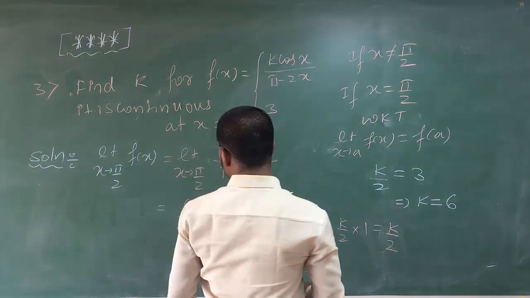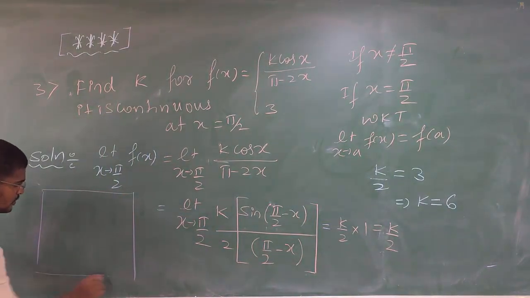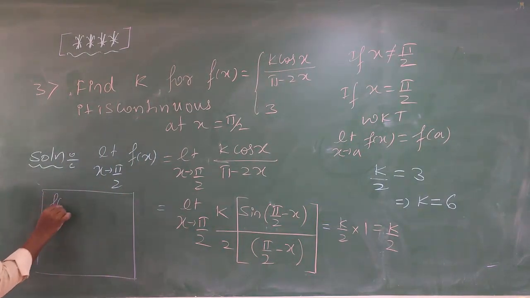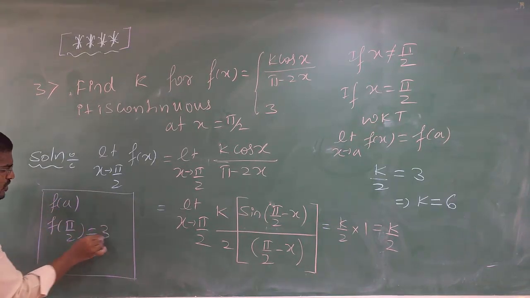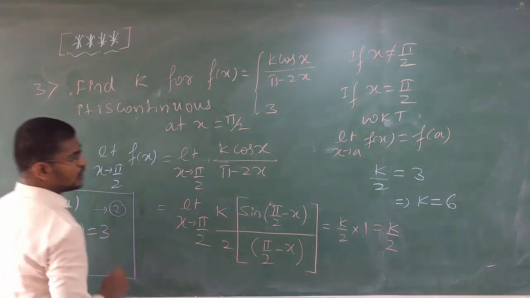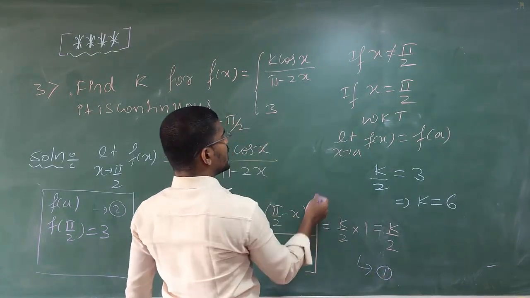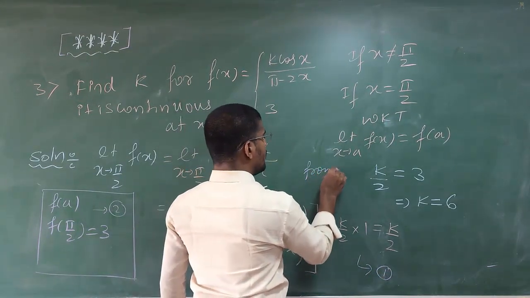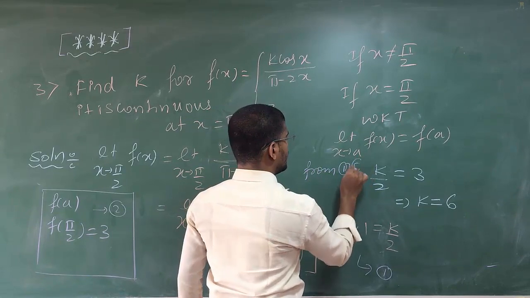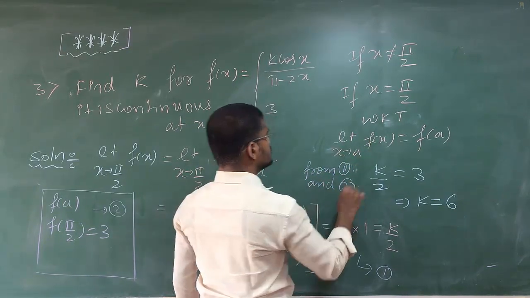If you get any confusion, here you can write f of a, that is f of pi by 2 equal to 3. Clear? So you take this as 2 and you take this as 1. Here you can write from 1 and 2 also.